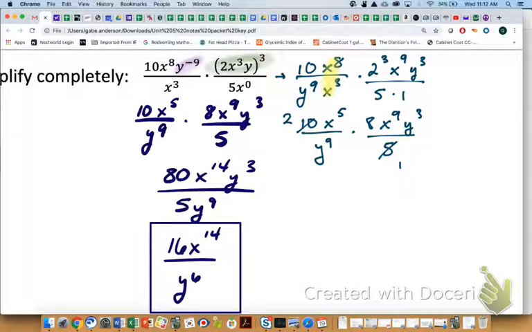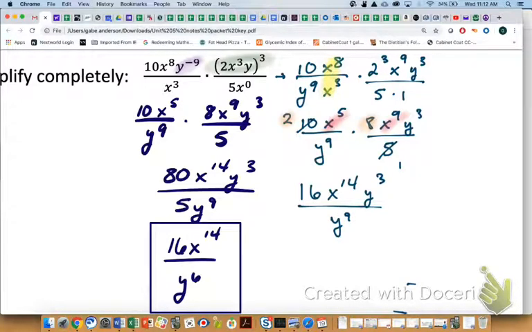So then as I multiply, I would do 2 times 8. So that's 16. And then what about x to the 5 times x to the 9? What's that? X to the 14, right? You add your exponents there. And then I've got y cubed there. And then y to the 9 times 1 is just y to the 9.